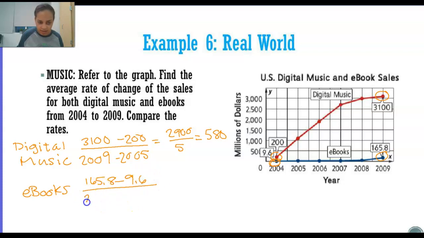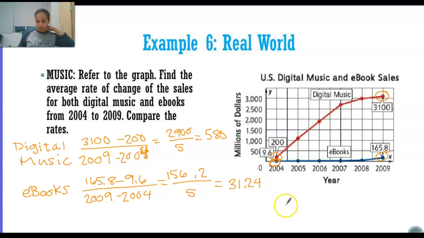And then I'm going to go back to those years, 2009 through 2004. So I would get 156.2 over 5, which turns out to be 31.24.